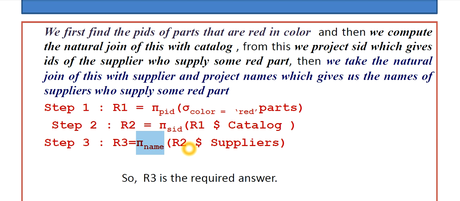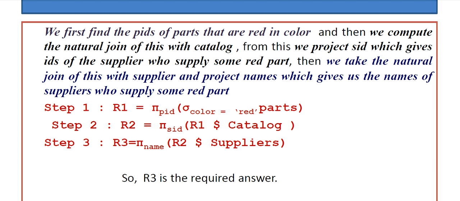So we got ultimately the names of the suppliers who are providing the red parts, and it is stored in the RT relation. So RT is the required answer. So we are intelligently applying the natural joins. As you know, natural join is associated with the common values, meaning it will give you only those values if they are common in both the tables with respect to some conditions. So that's the answer, RT.